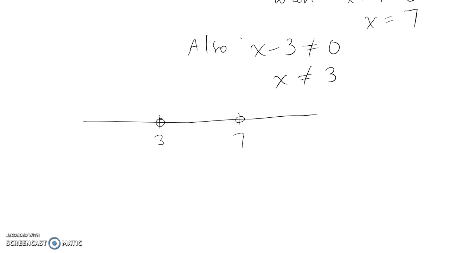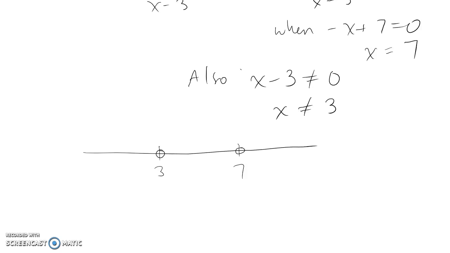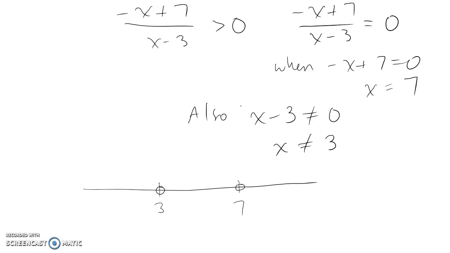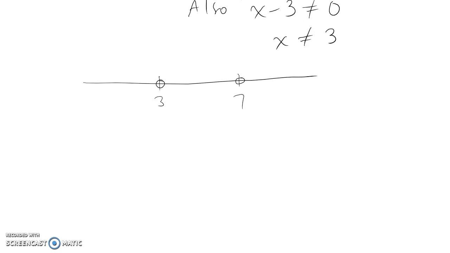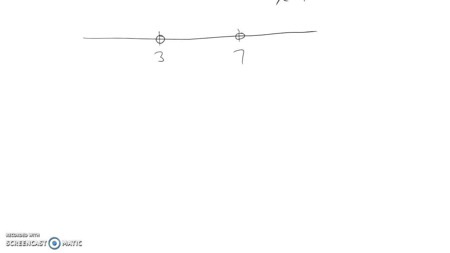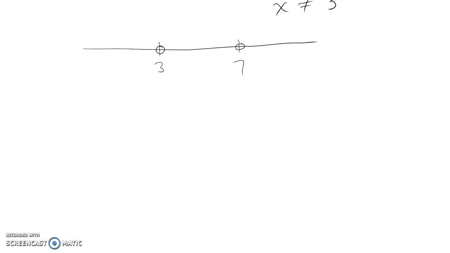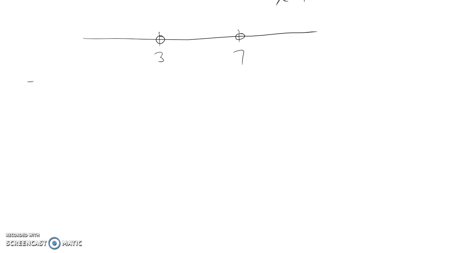We don't include 3 because x can't equal 3, or the fraction would be undefined. We don't include 7 because we're not interested in where the expression is equal to 0; we only have the greater than. So we put a little circle around 3 and 7 to make sure we don't include them in our sign chart.